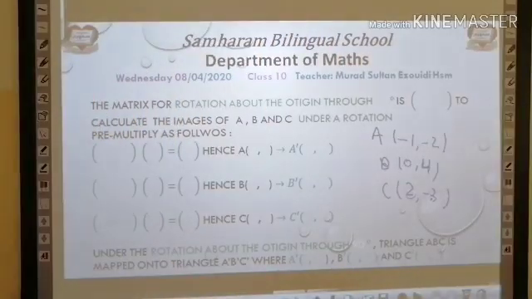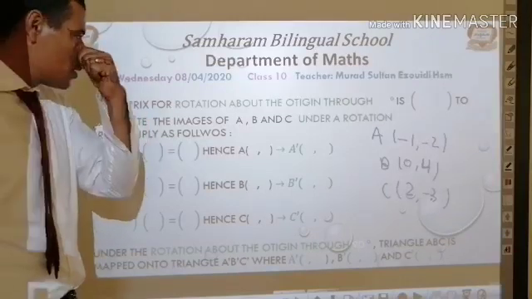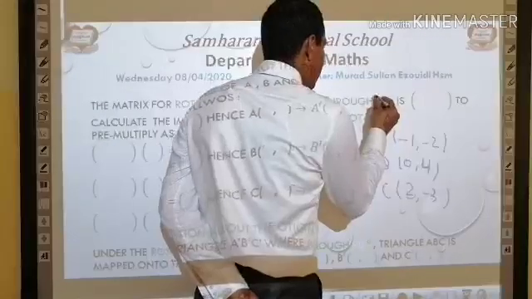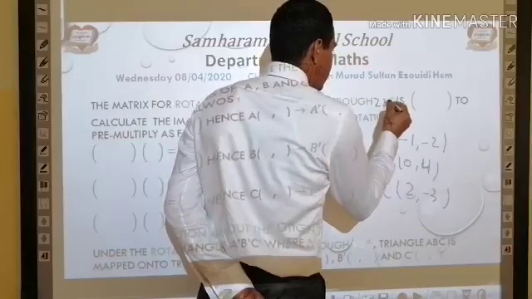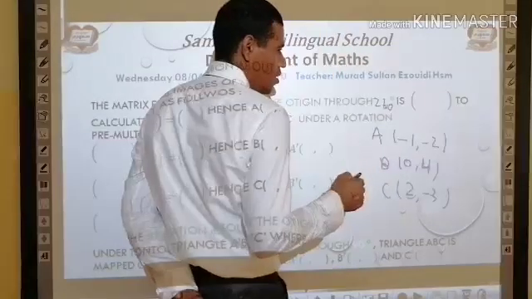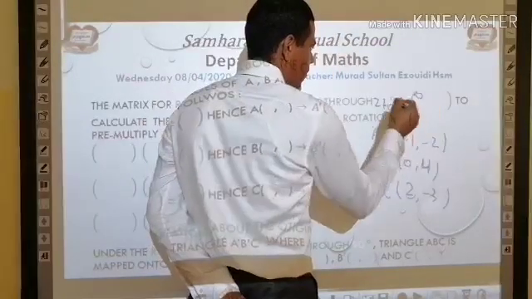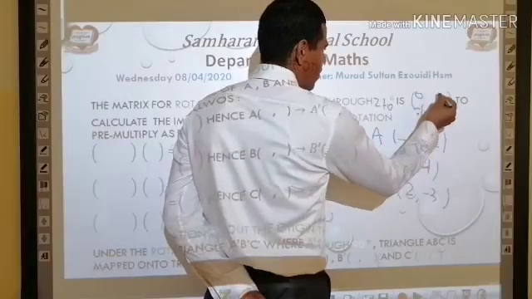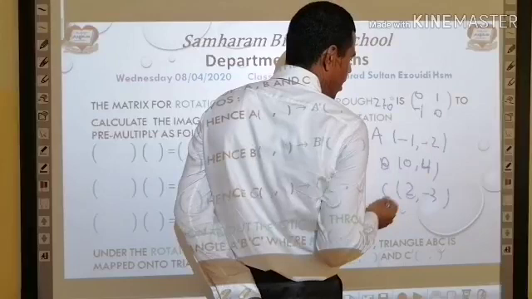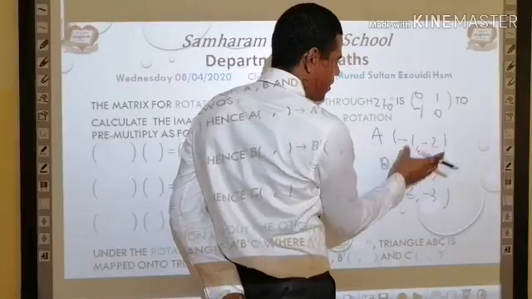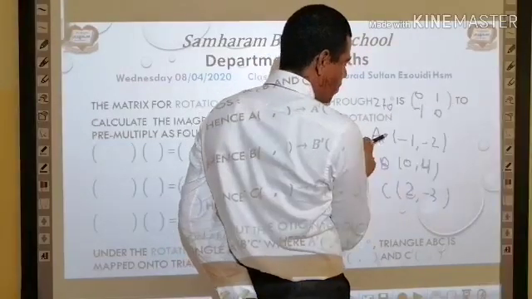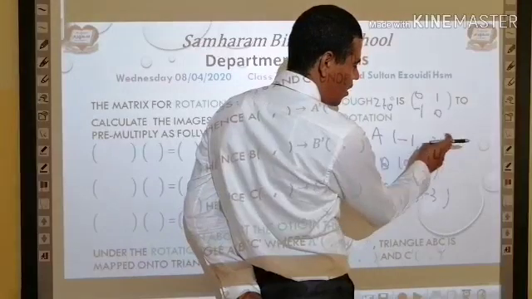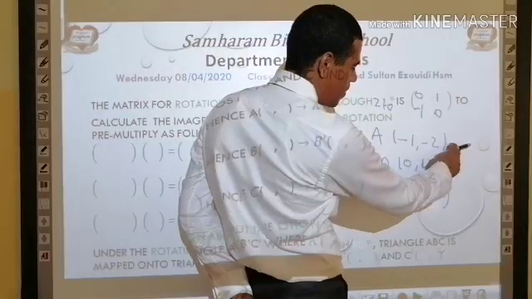So here we have 3 points. A matrix for rotation about the origin through 270 degrees is what? 0, minus 1, then 1, 0. I will multiply this matrix by the column vector of point A to find the column vector of its image A prime.